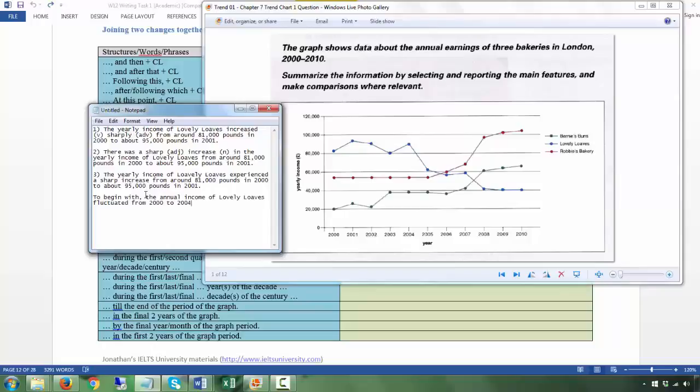Now rather than saying from, you could say in the first 4 years of the graph. Then rather than put full stop, then you could use maybe one of these, following this, comma.